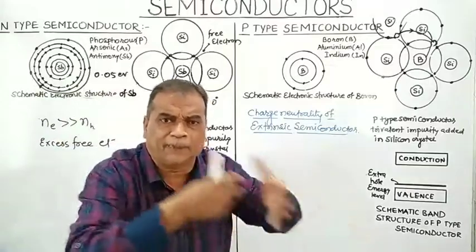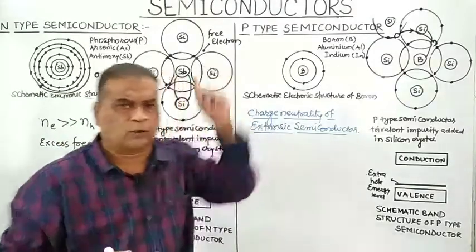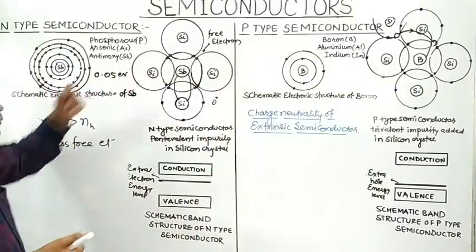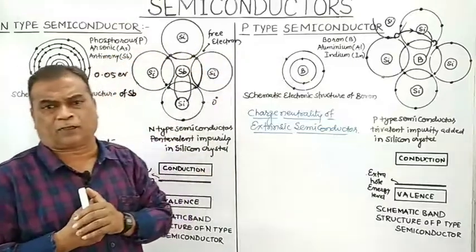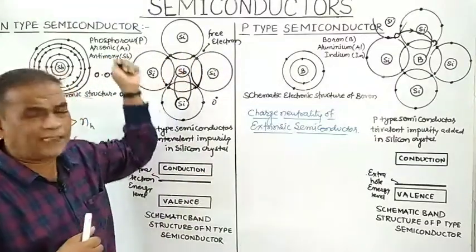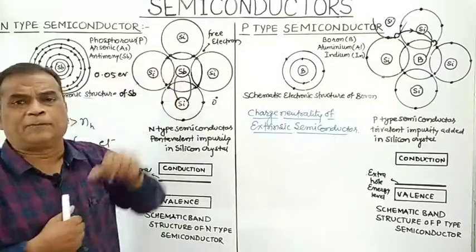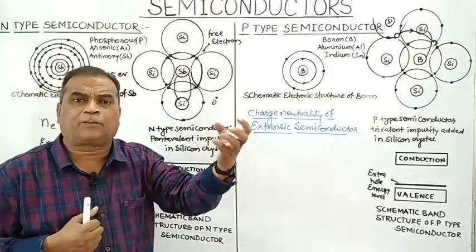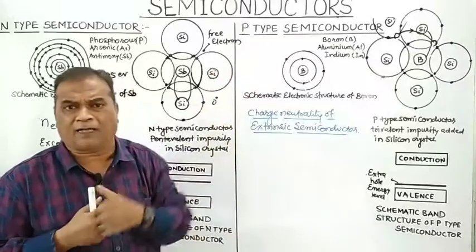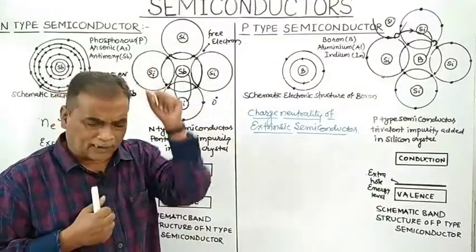The donor impurity atom. Each donor impurity atom will donate one free electron. By donating one free electron, that donor impurity atom becomes a positively charged ion. See what I am saying?